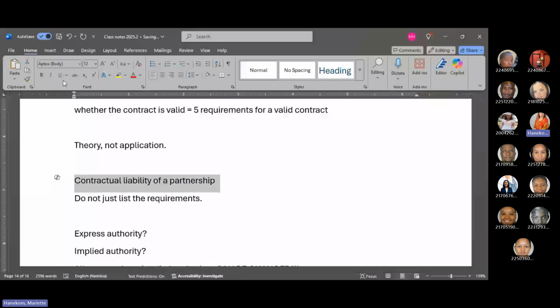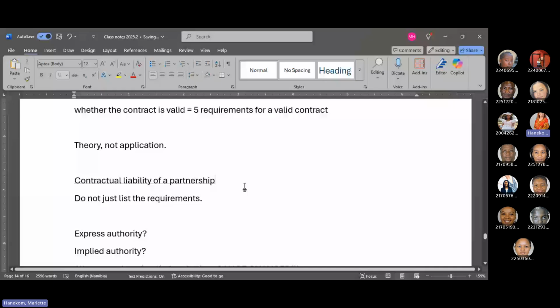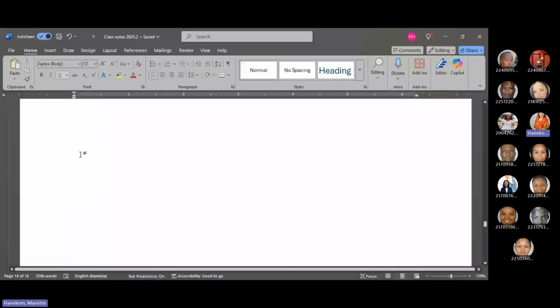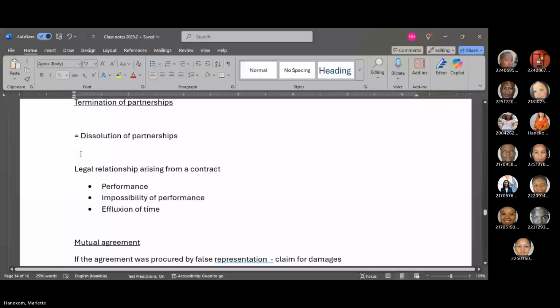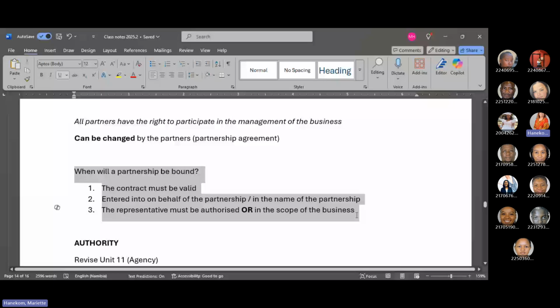So that when I send you the notes, you realize I've moved on to a different topic here. So we've got our requirements, namely it must be valid, entered into on behalf of the partnership. Let's make this complete and give you a copy and paste. So those are requirements.